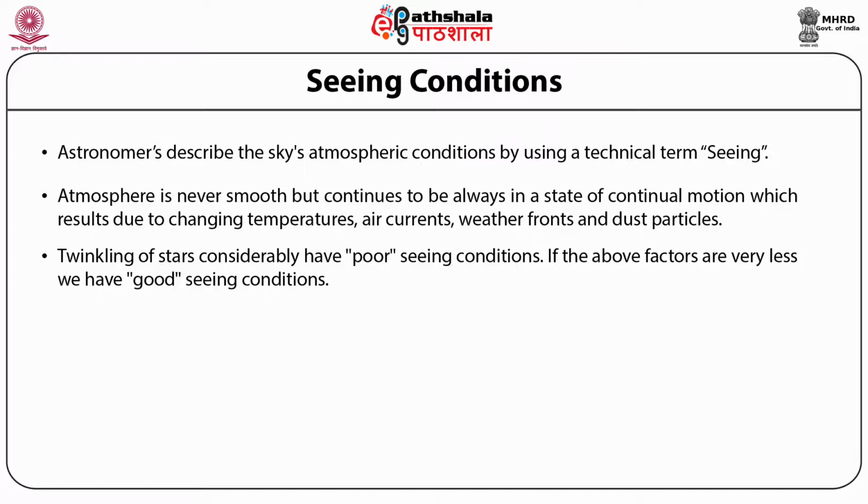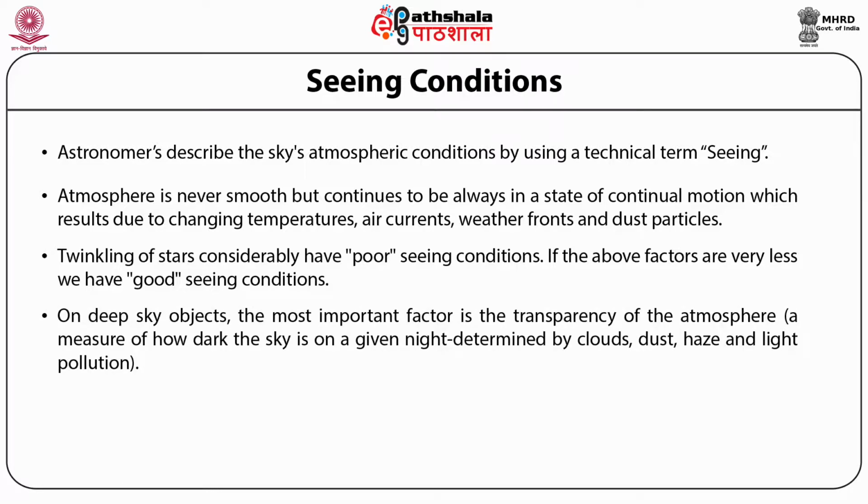Poor seeing is most noticeable when observing planets and the moon, whereas deep sky objects such as nebulae and galaxies are less affected by poor seeing.